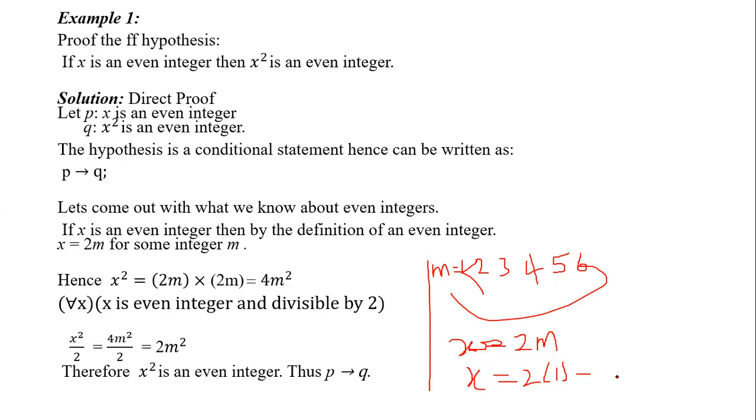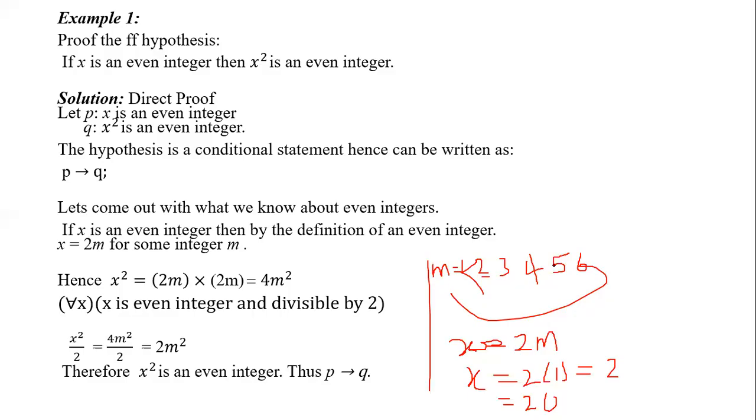So we have 2, which is an even number. Now when m is 2, we have 2 times 2, which is equal to 4, which is also an even number.